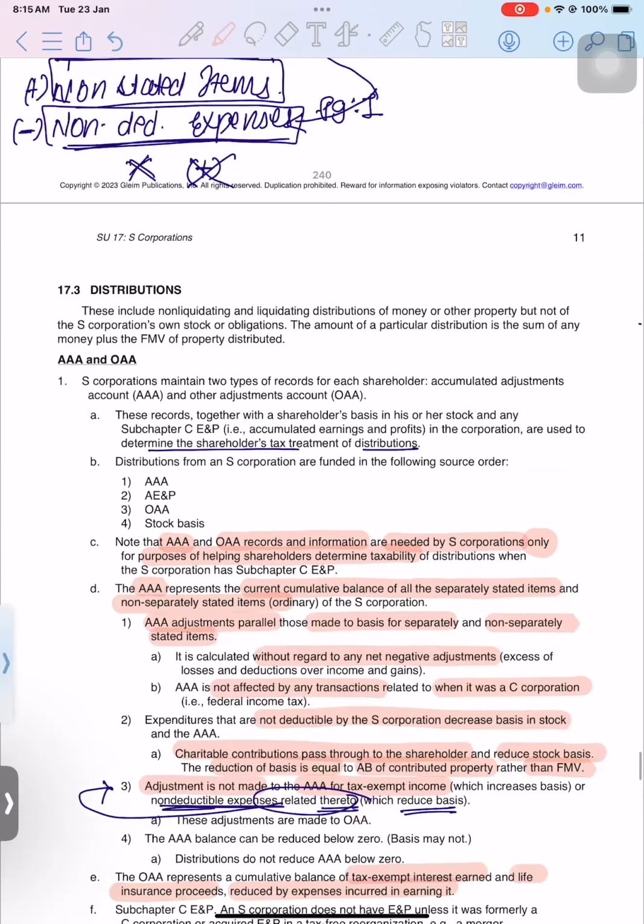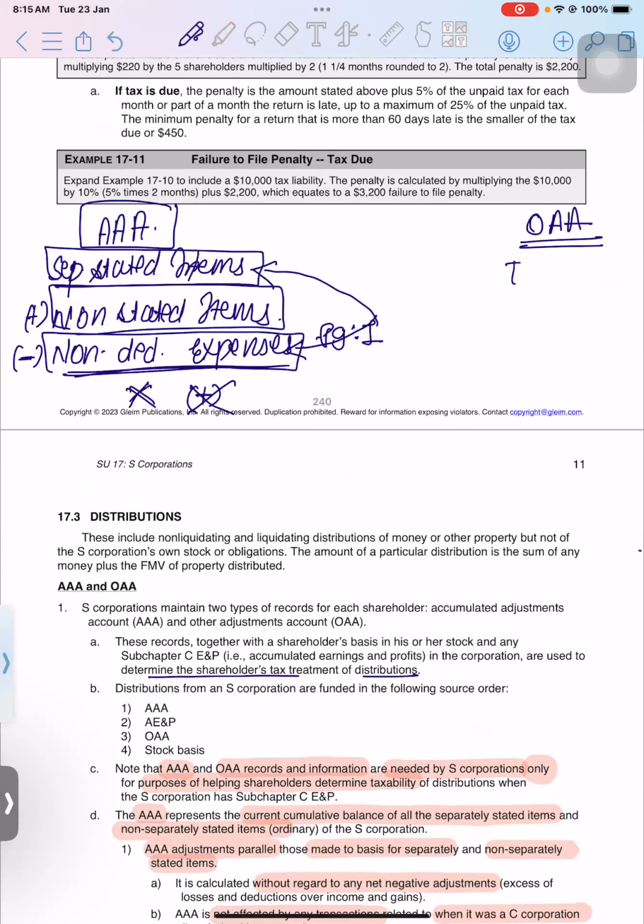So can I say OAA simply means your tax exempt income minus all your expenses which are incurred to earn this tax exempt income. Got it, guys? So now you have the difference between AAA and OAA.